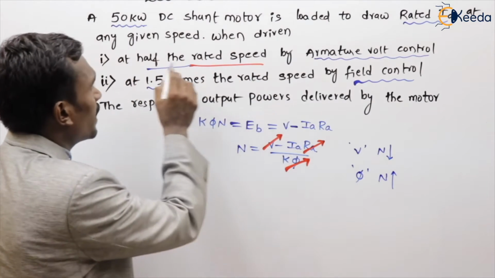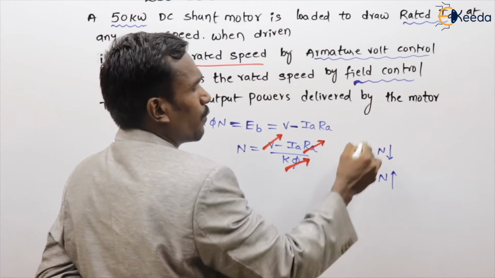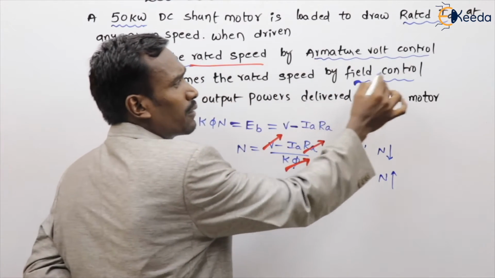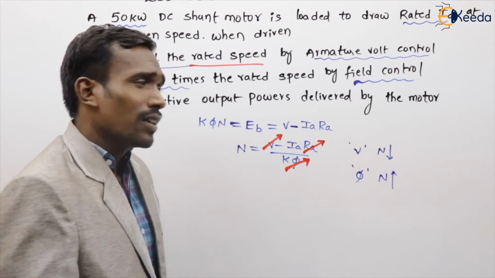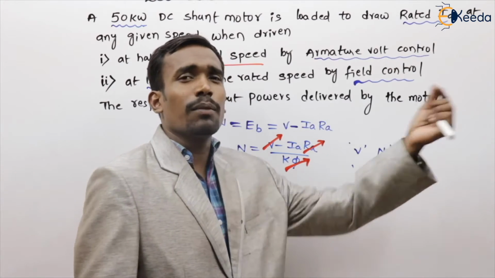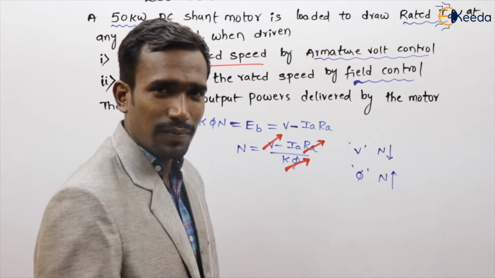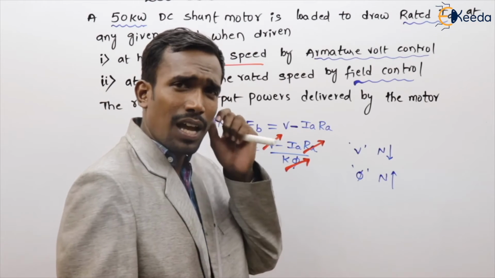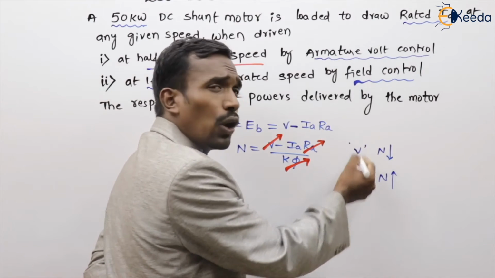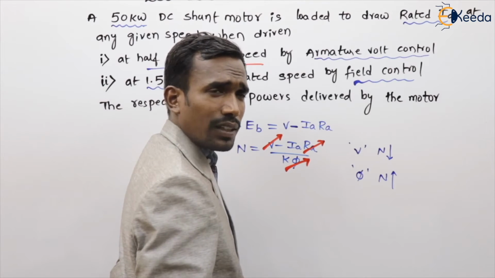See here, half the rated speed by the voltage control method, 1.5 times the rated speed by the flux control method. Voltage control is for below rated speeds and flux control for above rated speeds. Actually, here flux reduces, there voltage reduces, right?